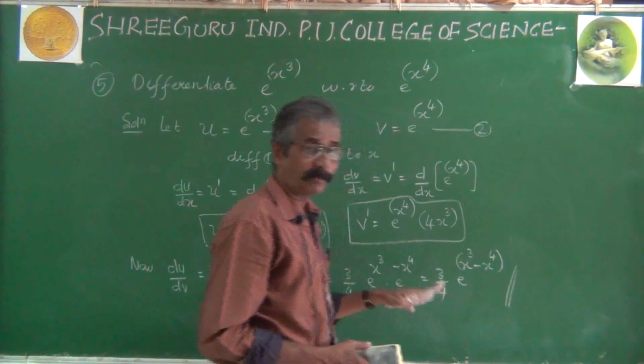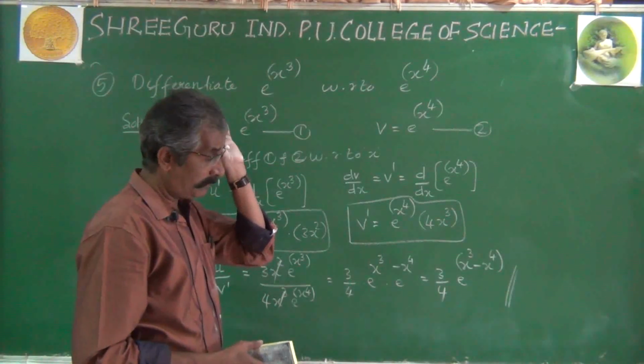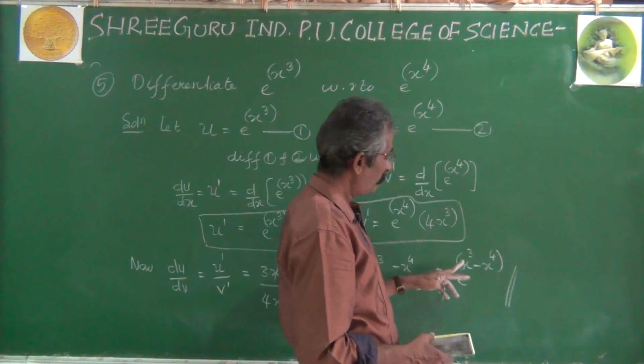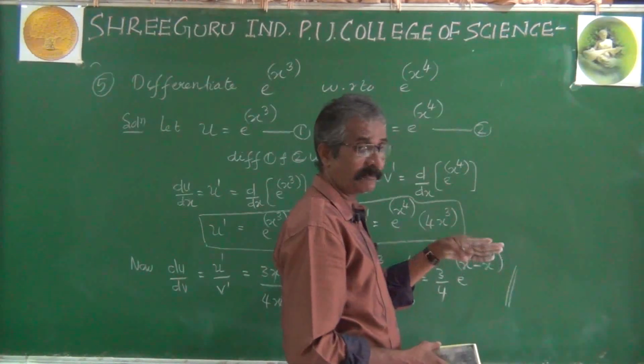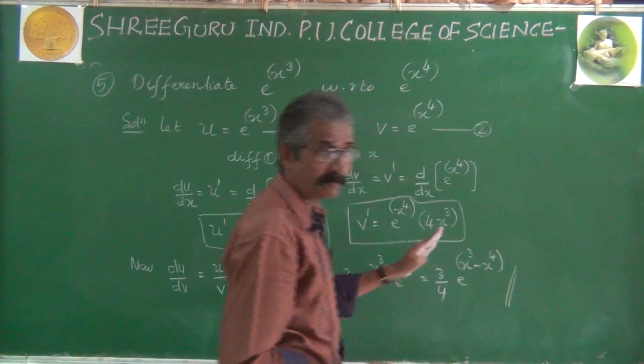Total answer becomes 3 by 4. Even it may be given at x equal to 1. If x were 1, 1 cube 1, 1 power 4 1, 1 minus 1 is 0, e power 0 is 1, again total answer becomes 3 divided by 4.